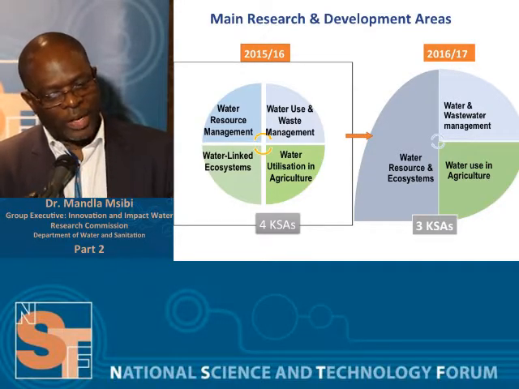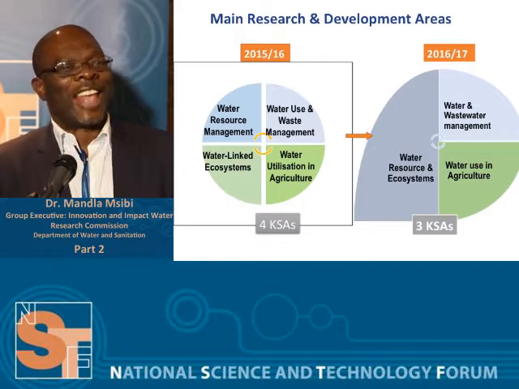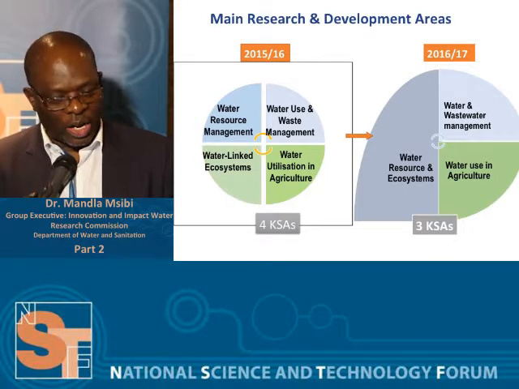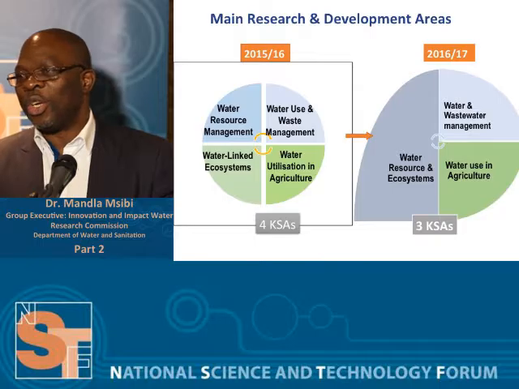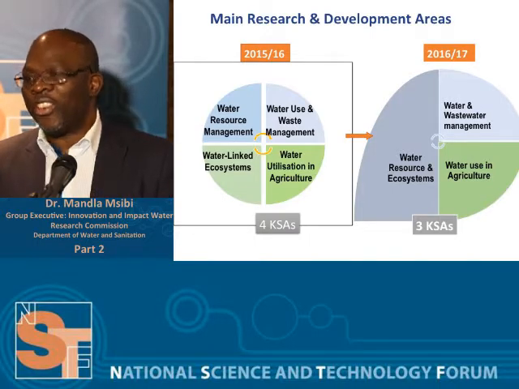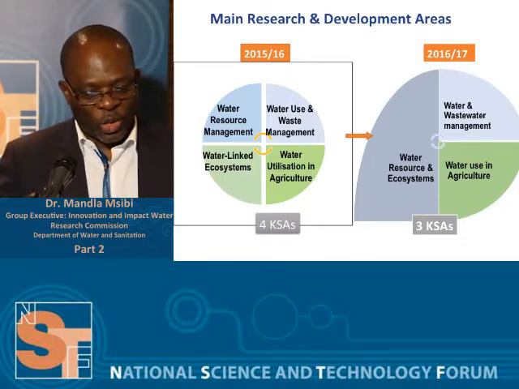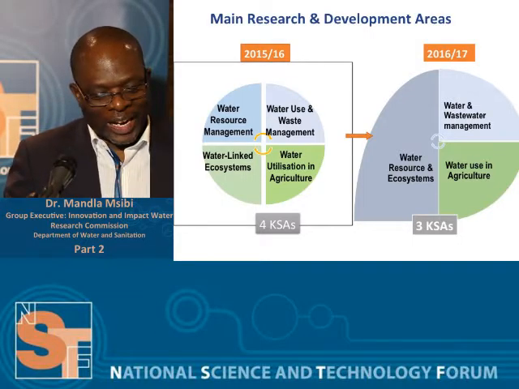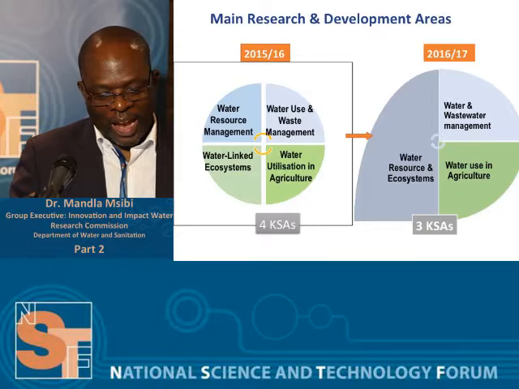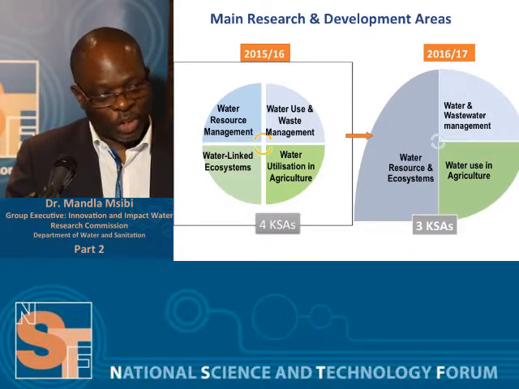Currently within the R&D environment, there are 4 KSAs. And I guess anyone who's worked with the Water Research Commission knows the KSA, the key strategic areas. There are 4 of them: water resource management, water use and waste management, water-linked ecosystems, and water utilization in agriculture.